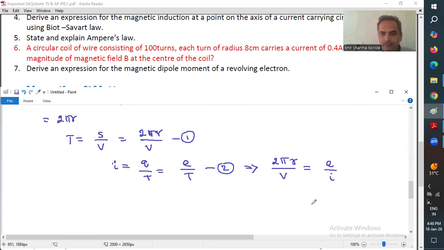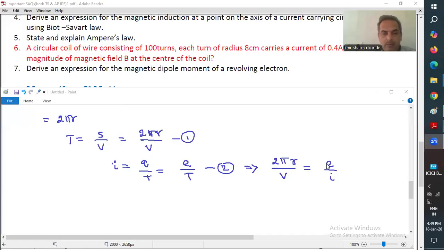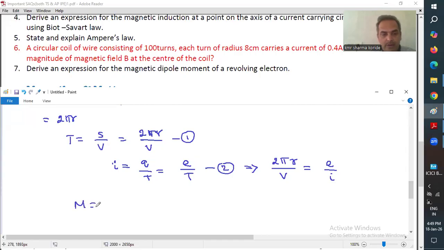Now from the Biot-Savart law, the magnetic moment due to the revolving electron in the circular path is given by I into A. This is one of the applications of the Biot-Savart law. The area of the circular coil is pi r square.